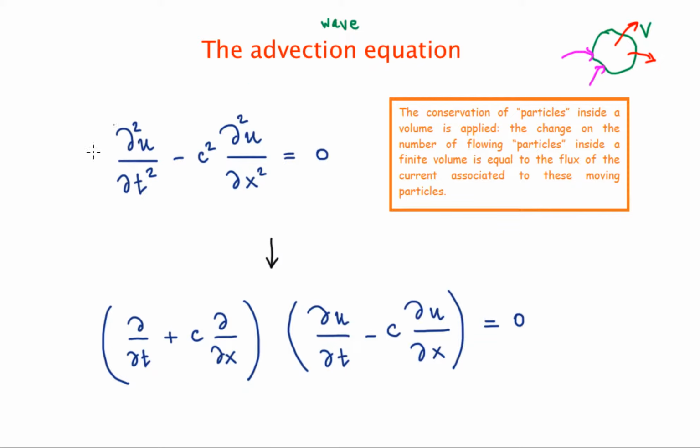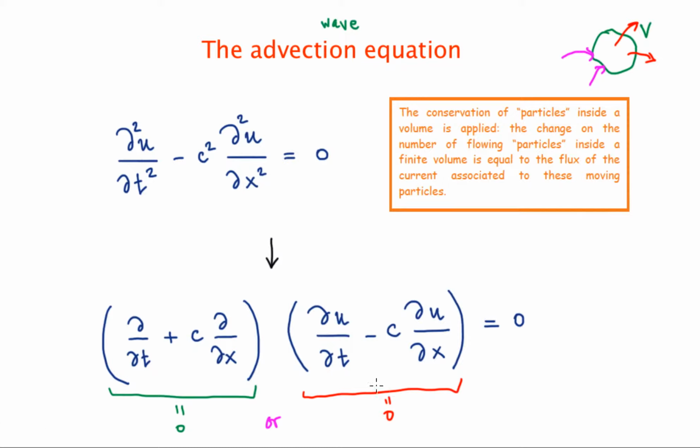A very interesting idea is that the equation can be separated into these two equations, written in this way. In order for that to be zero, you can have either this one be zero, or the other one be zero.